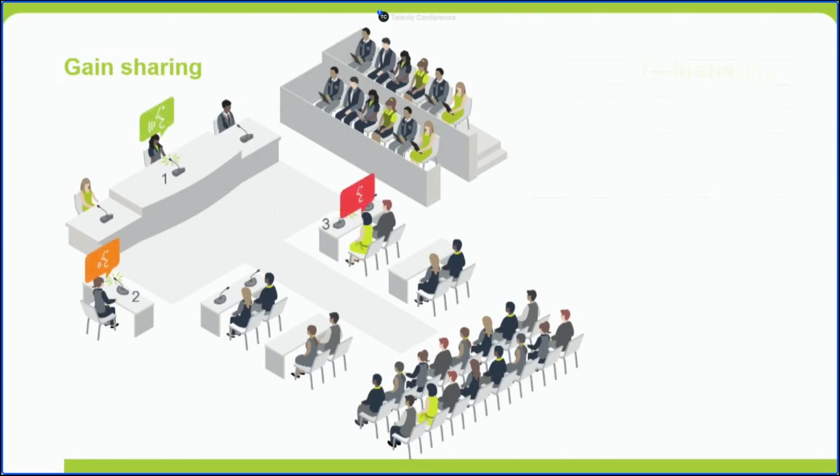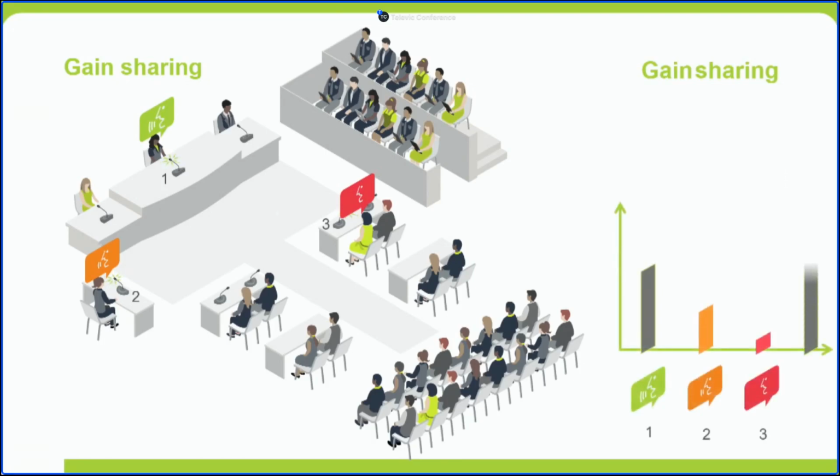Now with gain sharing, we consistently listen to all the open microphones. For example, in this case, the first speaker is speaking most. Number 3 is not speaking at all, although its microphone is open. And speaker 2 is speaking at a medium level.